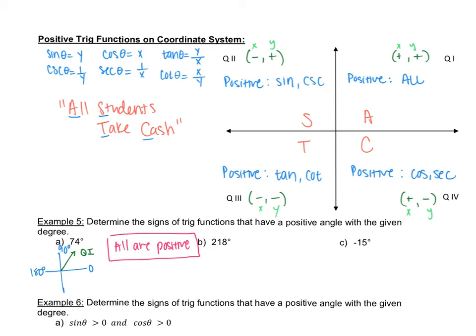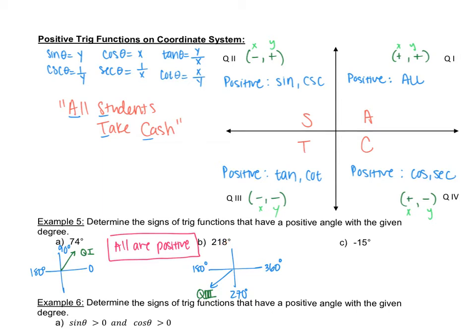Whereas 218, if we were to draw the angle, so 180 is on this side, 360 is here, and 270 is down here. So that means that 218 is somewhere in the third quadrant. So in the third quadrant here, we have 218.